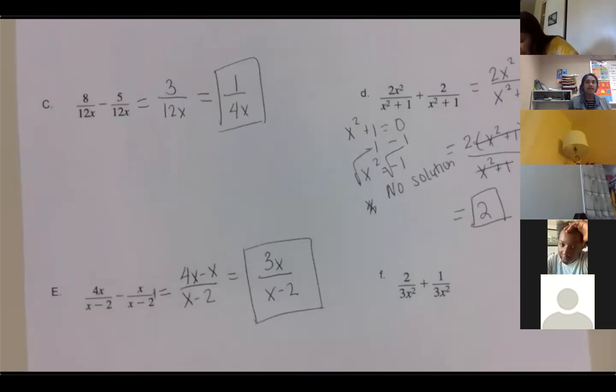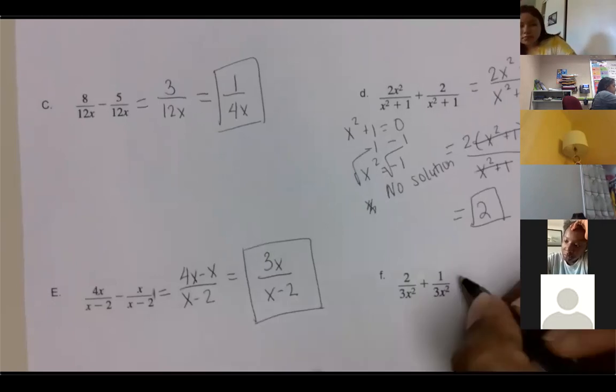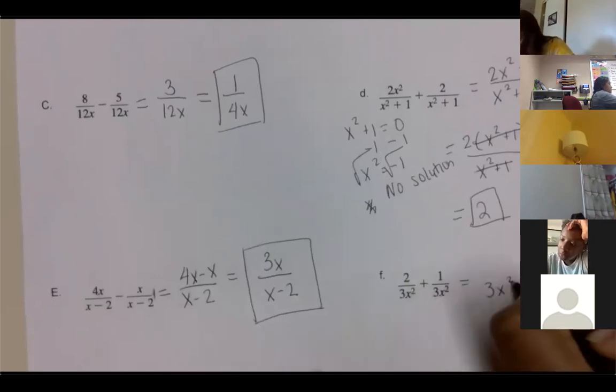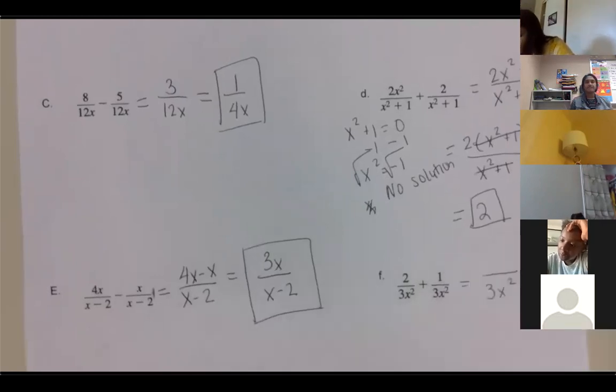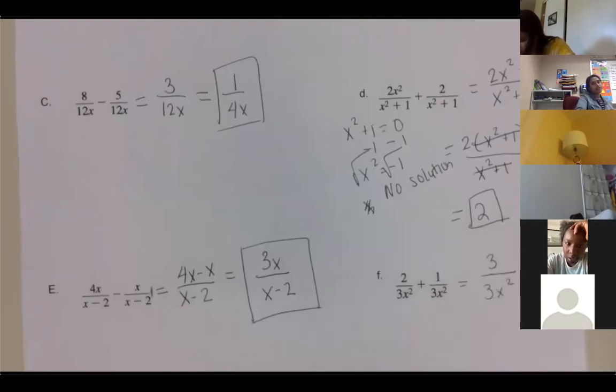All right, part F, 2 over 3x squared plus 1 over 3x squared. What's my denominator going to be? Liana? 3x squared. Good. What's my numerator going to be? Enos? 3. Can I simplify this any further?